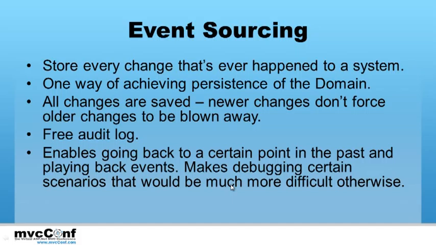So when a new command comes in, only the snapshot is loaded, and then only the events after the snapshot are played back to bring the aggregate root object up to speed. This is something that can entirely be handled by the event store, and if you're using CQRS, you get this for free because it's already in the framework.